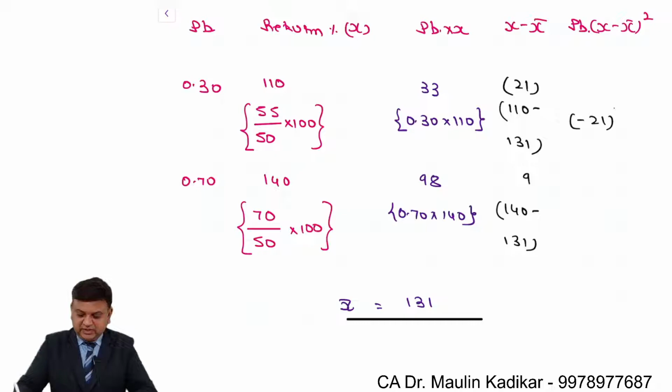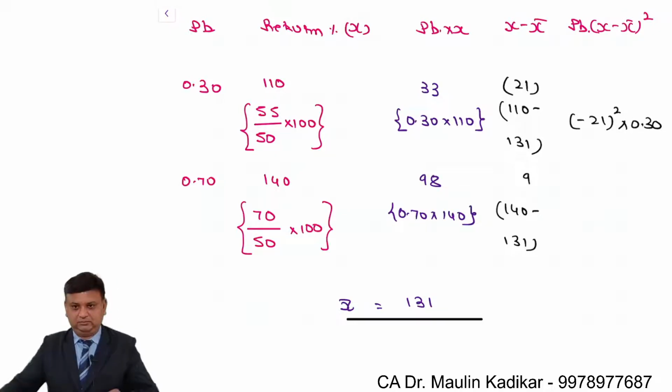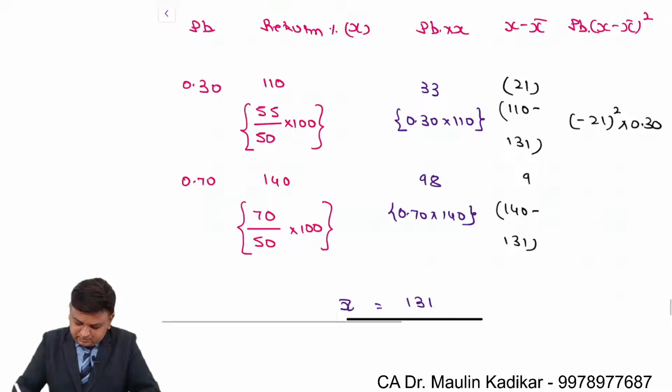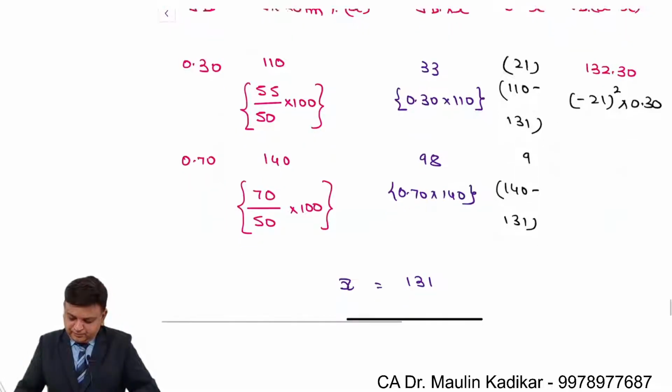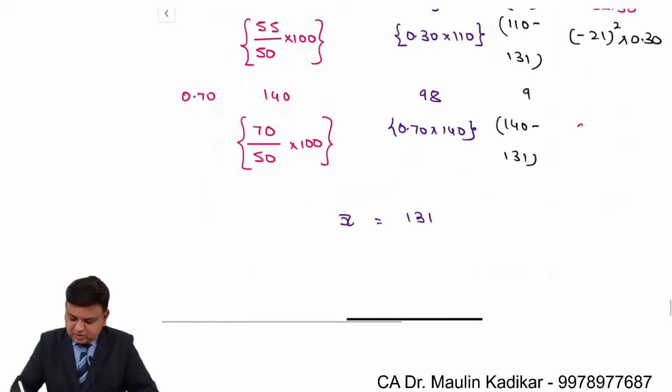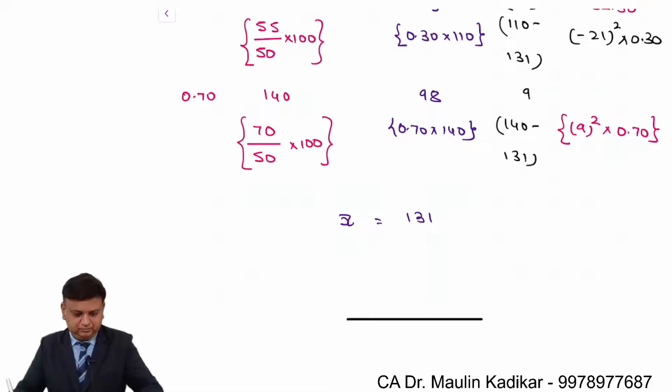So negative 21 raised to 2 into 0.30. So square of 21 into 0.3, that is 132.3. Then square of 9 into 0.70. That is 56.7.